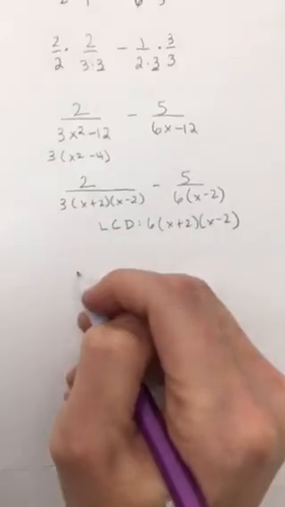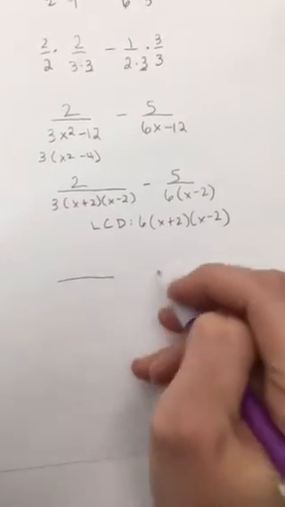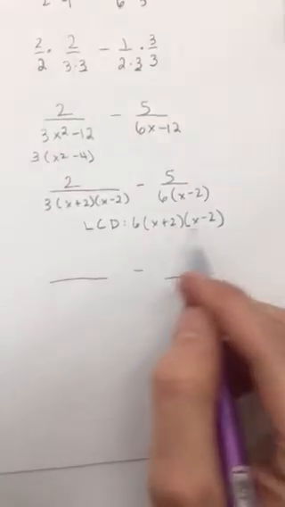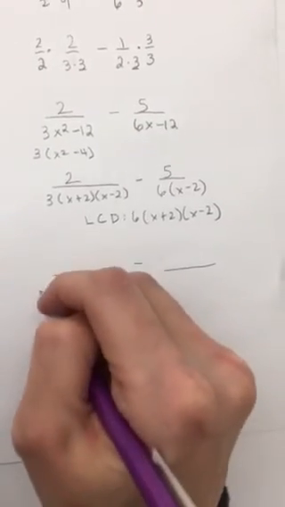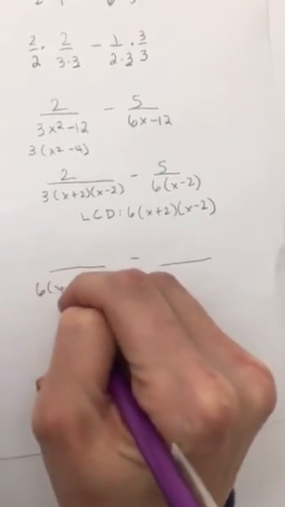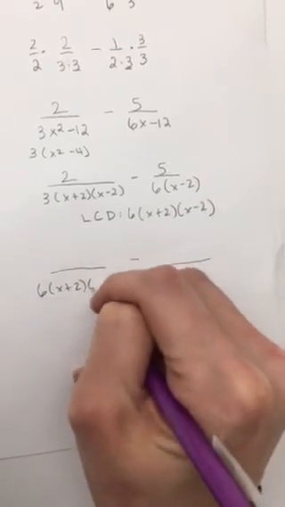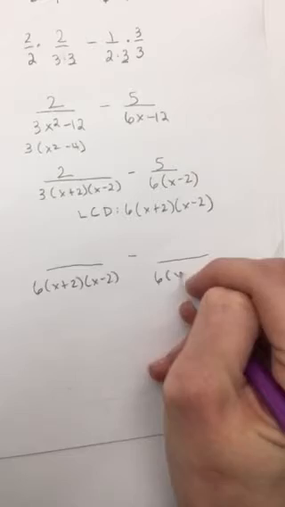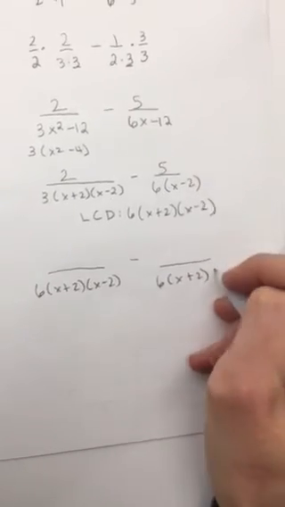And really what you want to do is just transform each one of these expressions into your least common denominator. So I'm going to just go right ahead and put my least common denominator in the bottom of both of these expressions.